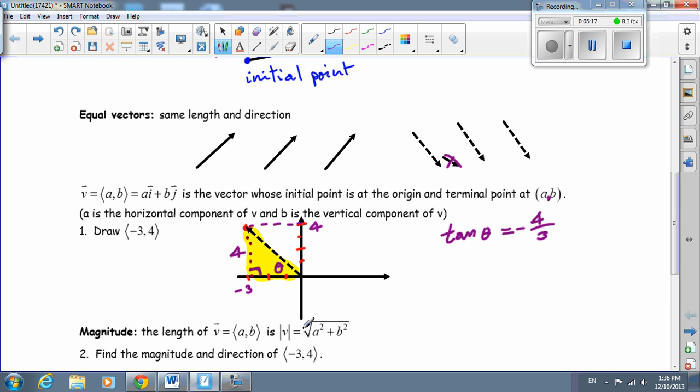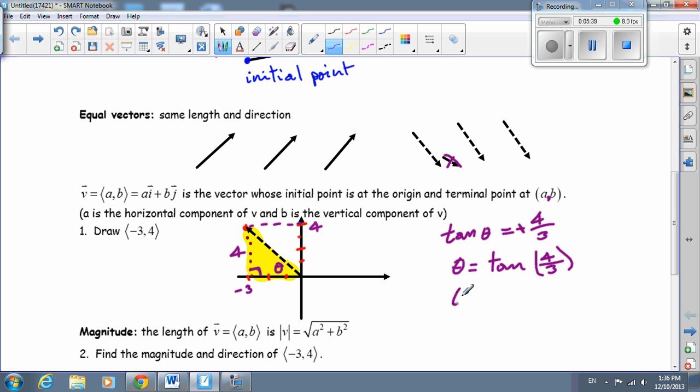Now, the fact that we're in this quadrant, I don't really need to know. Keep in mind, I'm talking about magnitude, so we're looking at distance. So this really doesn't matter. I can call it 4 over 3. So I will find theta as the tangent inverse of 4 over 3.